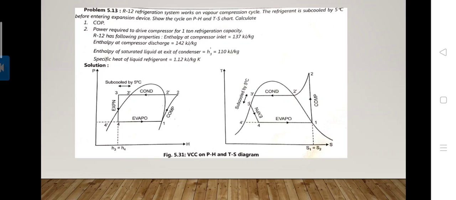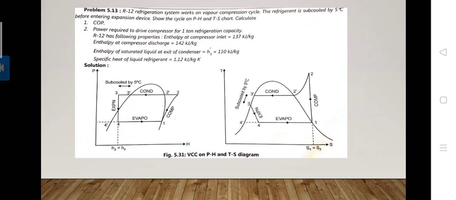So here the process is given, and here subcooling is given. In the last problem we saw the process of superheating, and here subcooling is given.